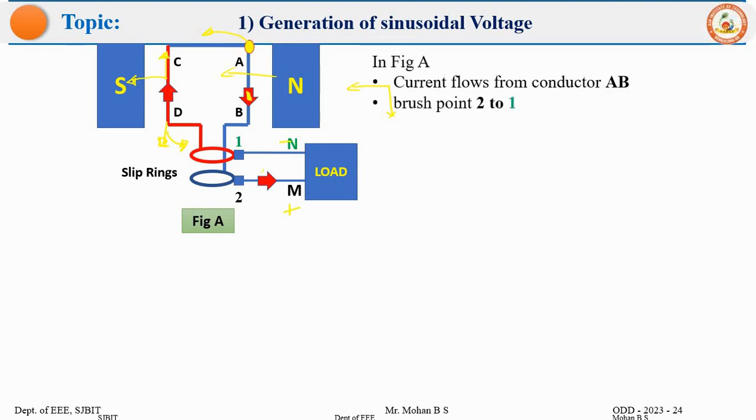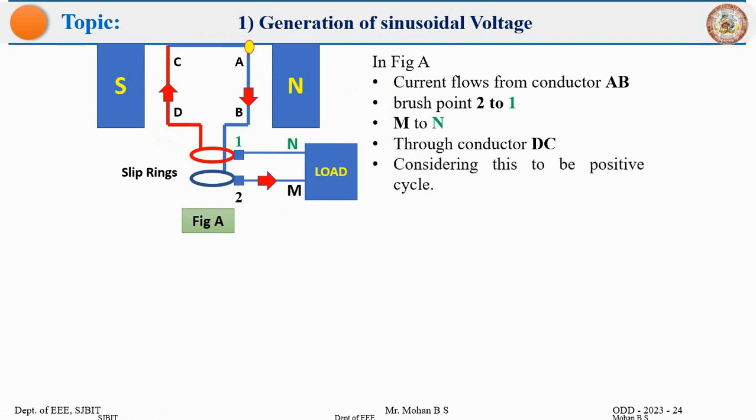In figure A, current flows from conductor AB through brush point 2 to 1, and then it flows through point M to N through conductor DC. So consider this as the positive half cycle. That means we have this waveform generated.